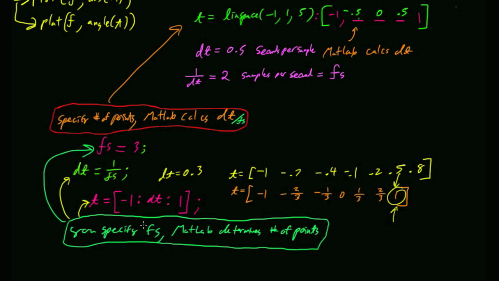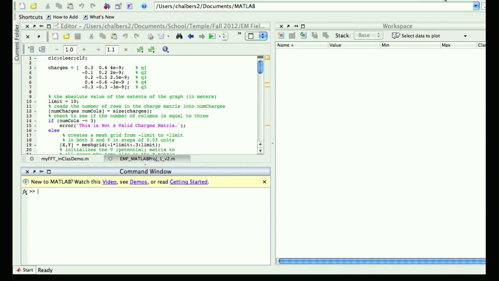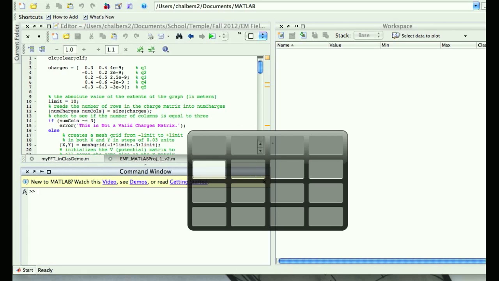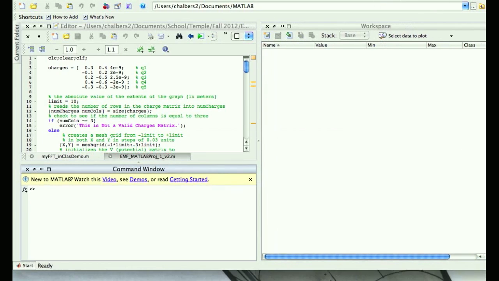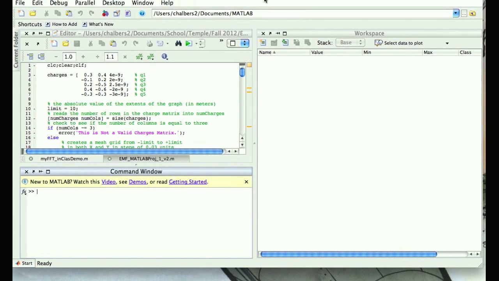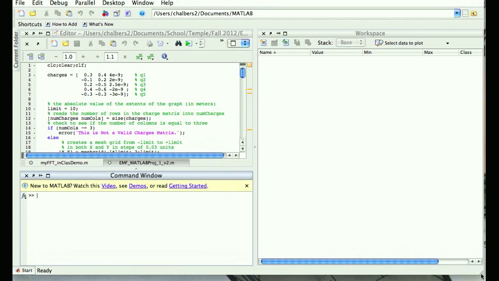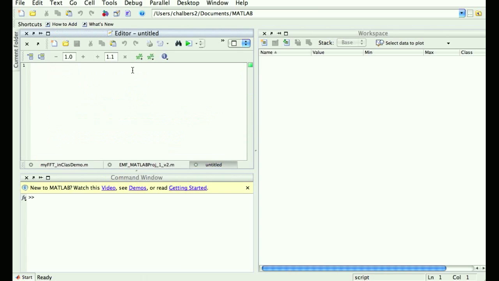Nuances notwithstanding, using this knowledge, let's go play with Matlab for a little bit. Thanks for asking.